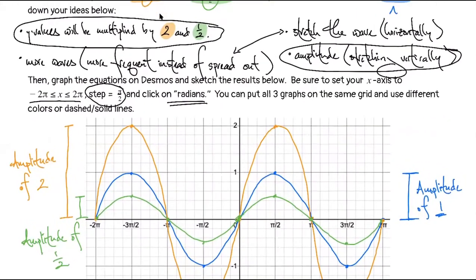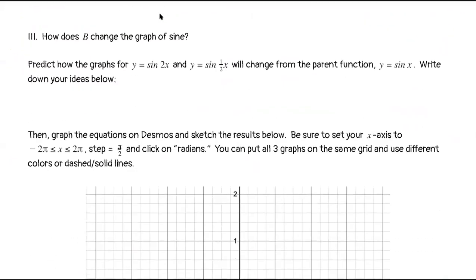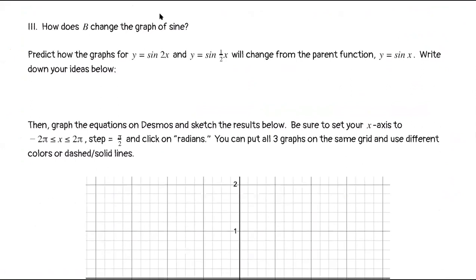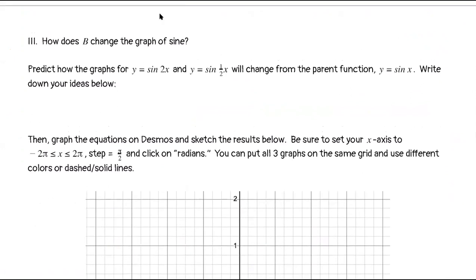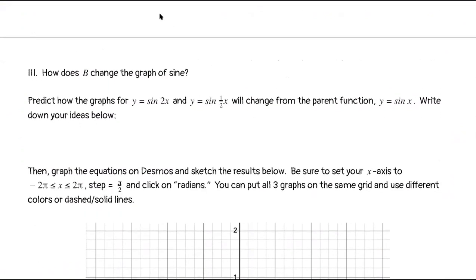So just to talk about what's going to happen in a little bit, you're going to notice that there is another set that asks you to play around with another value. So the numbers are the same, 2 and 1/2, but they're in different places than they were last time, okay?